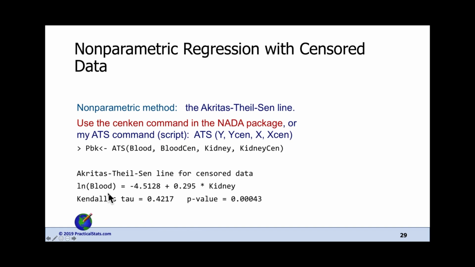So though the Kendall's tau does not depend on whether it's linear, once you start to put in a model here, you're using a straight line model, then you're saying, I need to get this in units that make it look like a straight line, and the logs look like a straight line. The original blood concentrations look much more like a curve. And so this intercept and slope are actually pretty close to the regression, which tells you that the residuals in the MLE were pretty close to a normal distribution.